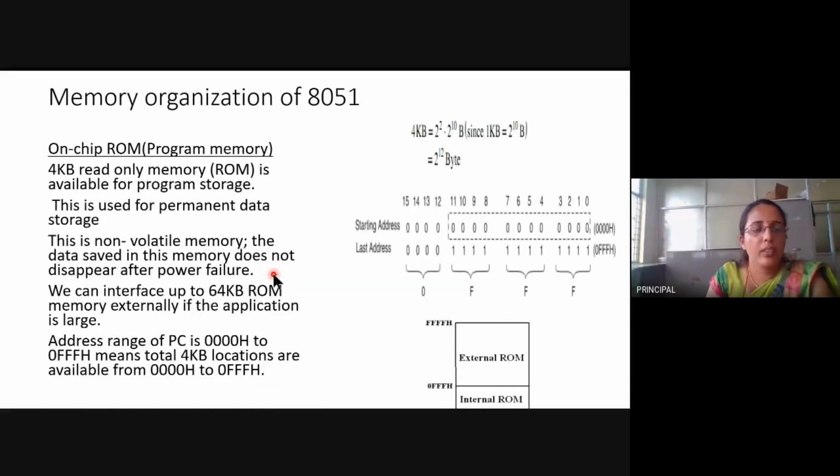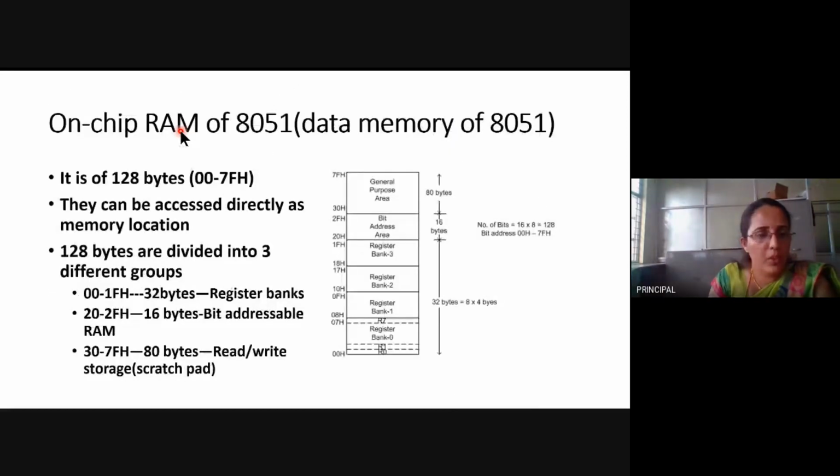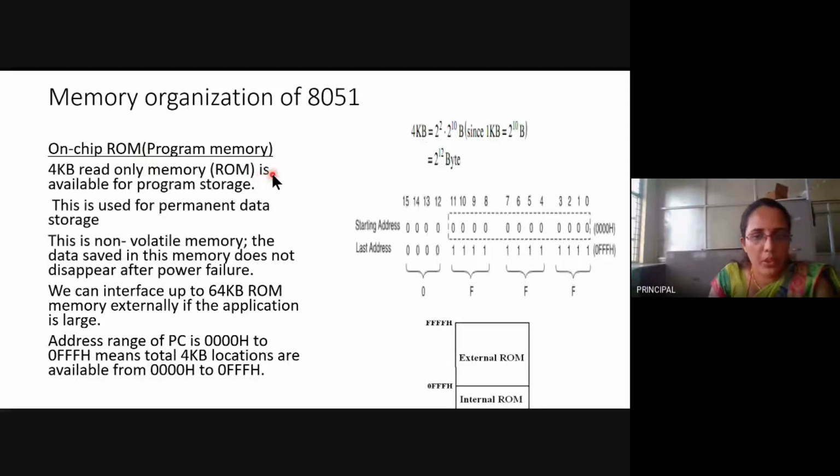So then you have the memory organization of the 8051. As I said, it has on-chip ROM and on-chip RAM. On-chip ROM is 4 kilobytes. You know, 2 power 10 means 1 kilobyte, and 2 power 2 is nothing but 4, so 4 into 1 is 4 kilobytes.